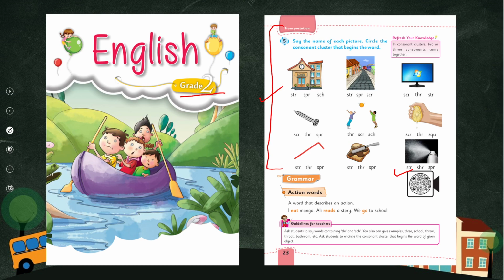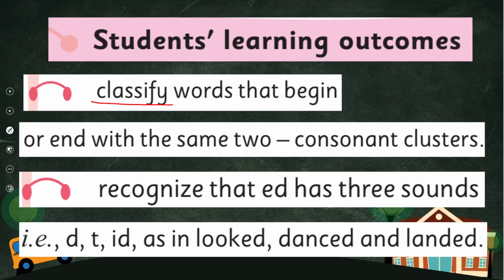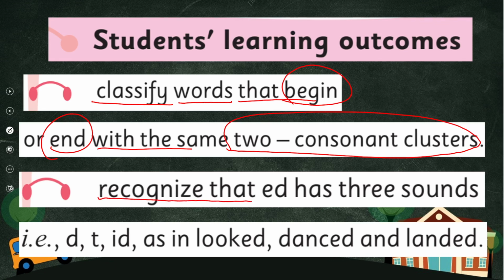And we are going to learn further to classify words that begin or end with the same two consonant clusters. Recognize that ED has three sounds, D, T, it, as in looked, danced, and landed.